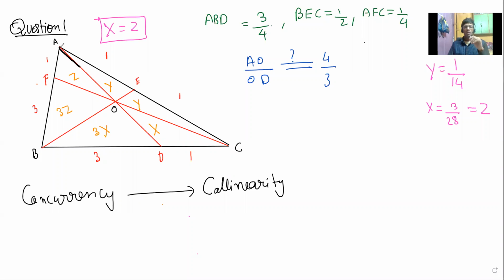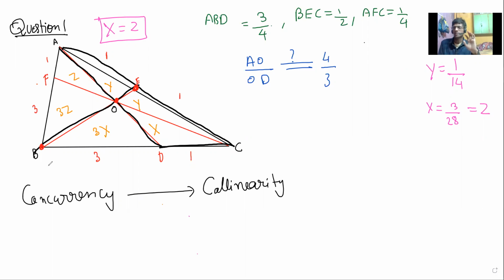Focus on this triangle ADC. You can see that there is a line BOE passing through. This is like the transversal, so E, O, and B are on the same straight line.